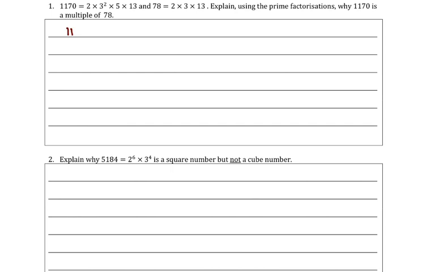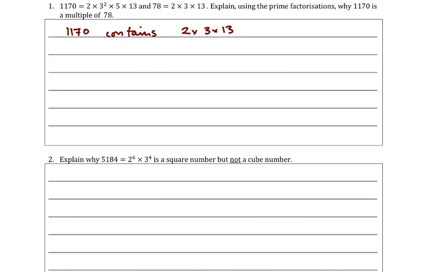We're going to be looking at explaining why is 78 a factor of 1170, or why is 1170 rather a multiple of 78? Well, a simple sentence will suffice. 1170 contains 2 times 3 times 13.